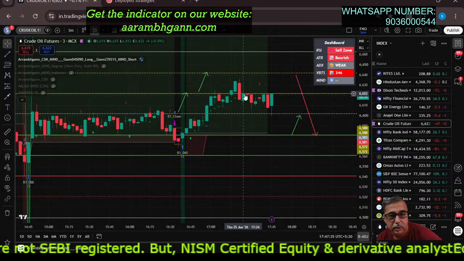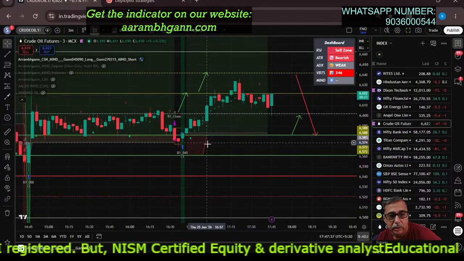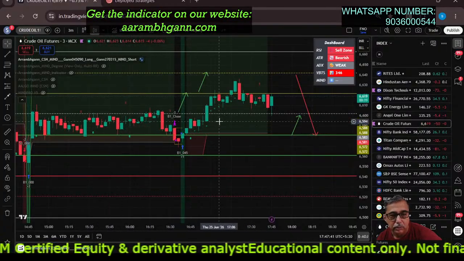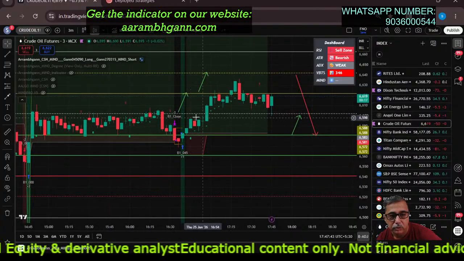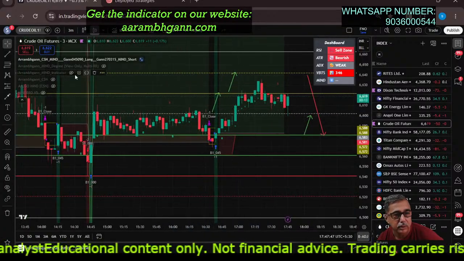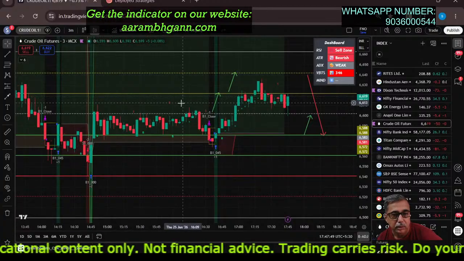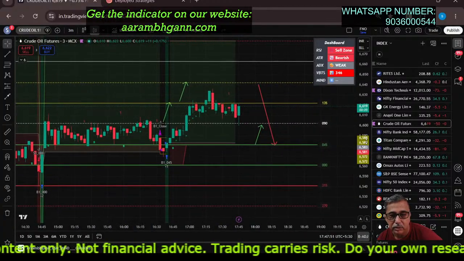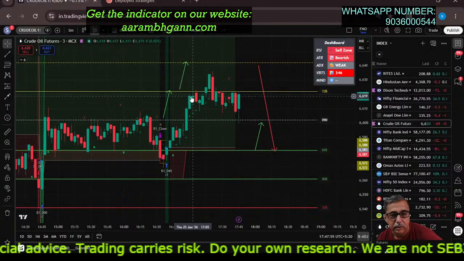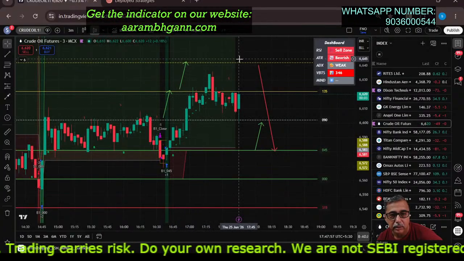So this is running. The trailing stop loss is activated over here. Normally you are supposed to book profit somewhere here or here. So I think this is a better setup. You just need to have training for this. So you see here buy here, first target, second target, third target, like that.